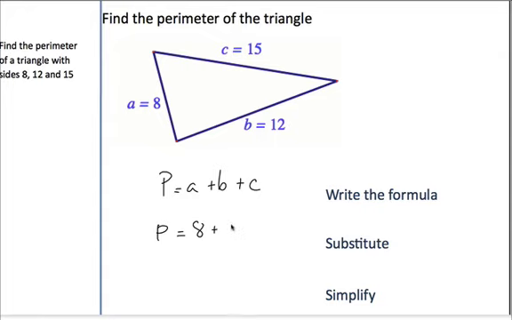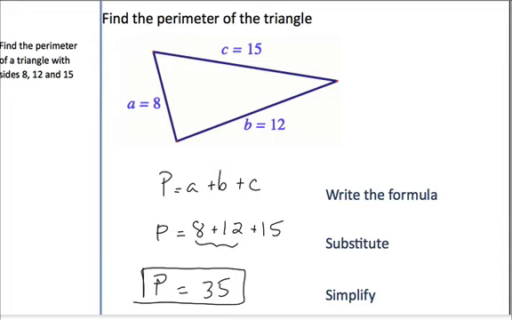Side A was 8, side B was 12, and side C was 15. Now we will simplify. I know that 8 plus 12 is 20, and 20 plus 15 is 35. So my perimeter of this triangle has to be 35.